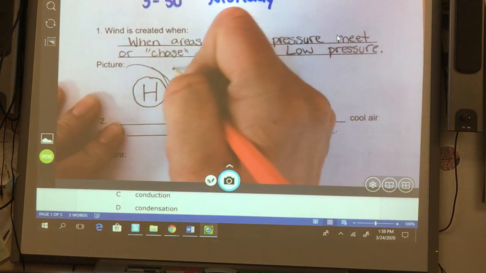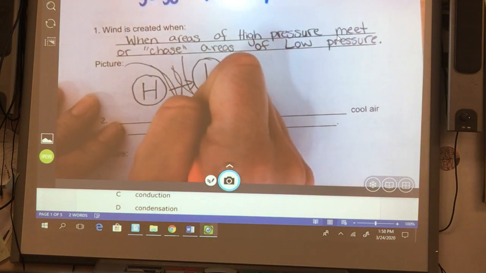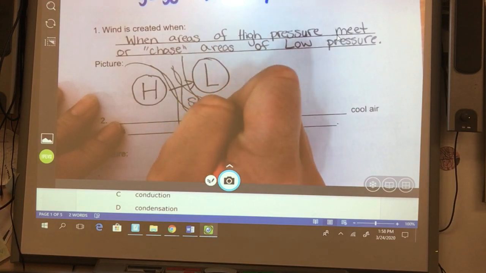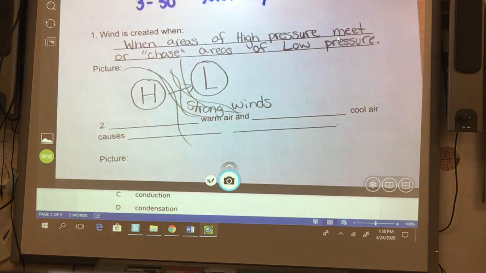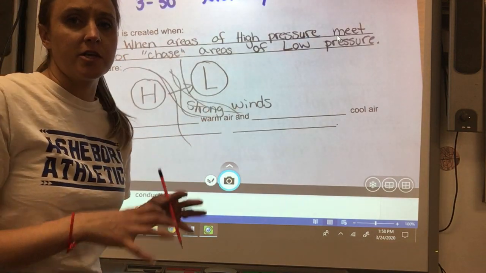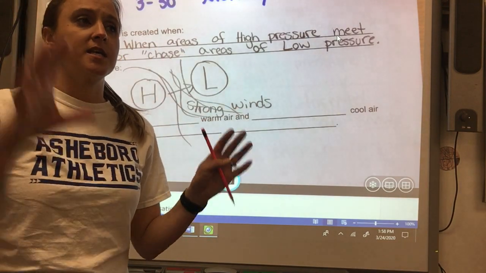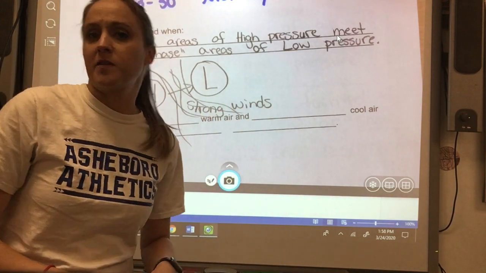In between there, we're going to have strong winds. As the high and low pressure systems follow each other around, it creates that wind that you feel on the surface of the earth.